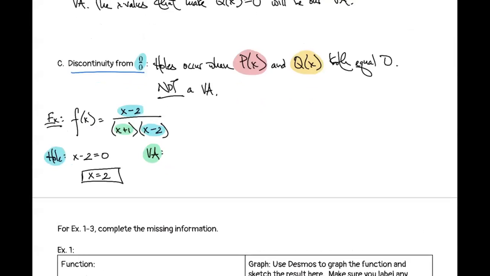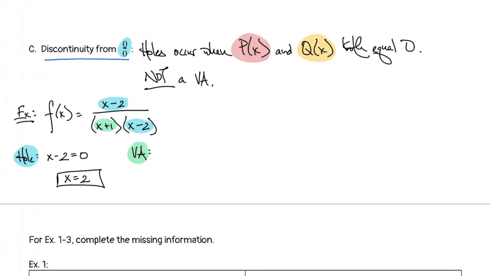I think those are very valid guesses. We could say that x plus 1 equals 0 or x equals -1 is a vertical asymptote. Then I see your suggestion that perhaps x equals 2 is also a vertical asymptote. And so I purposely asked us to identify the hole first, because as it turns out, we can't have a hole and an asymptote in the same place. So it's either one or the other.